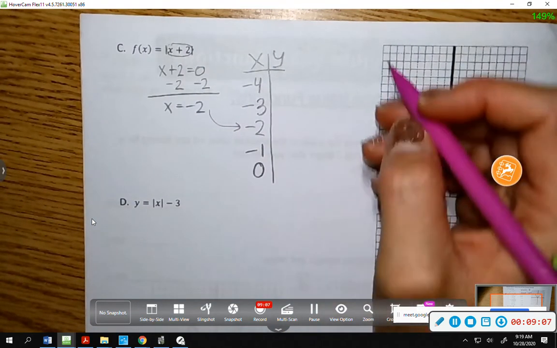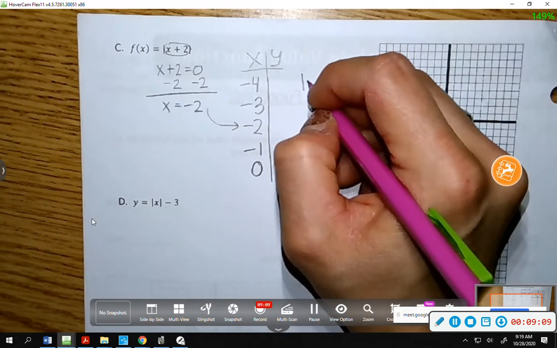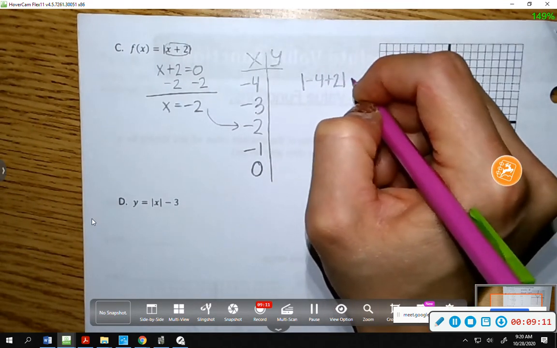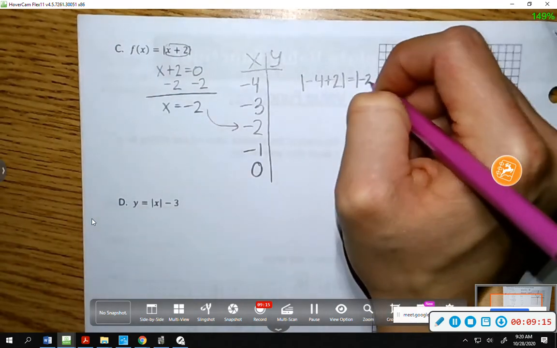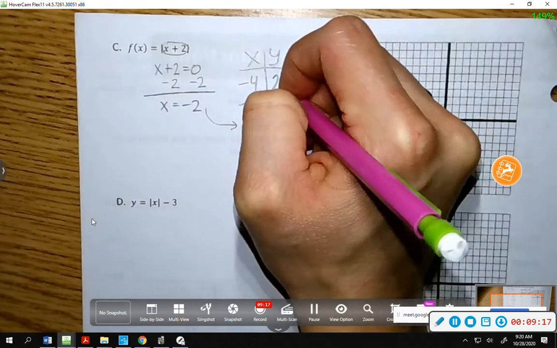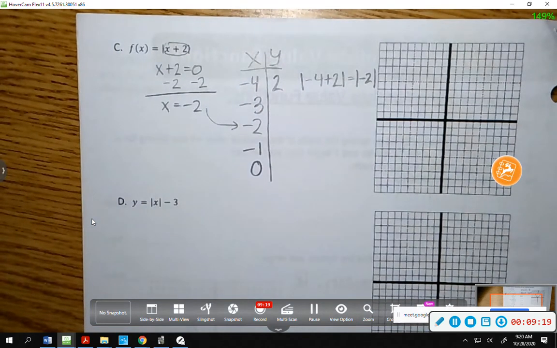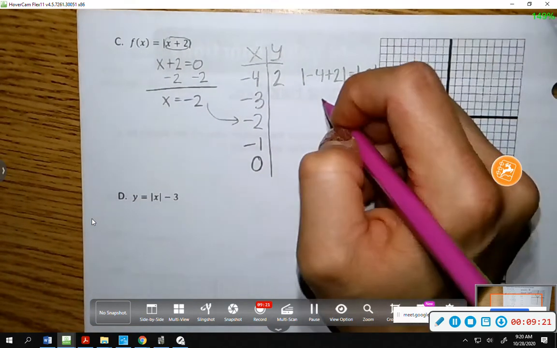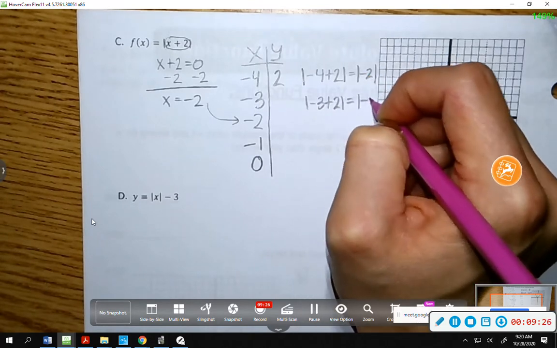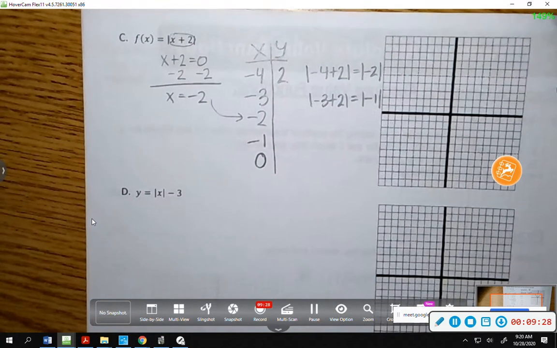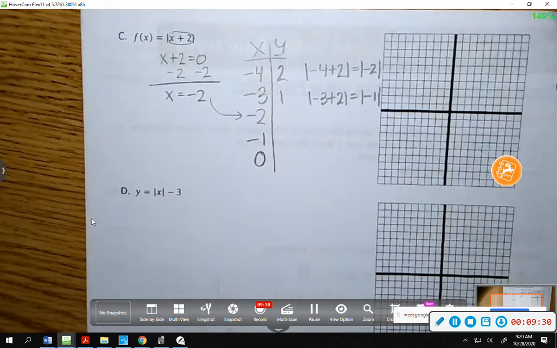And now let's plug those in. So the absolute value of -4 plus 2, okay, order of operations, well, -4 plus 2 is -2, and the absolute value of -2 is +2. All right, -3 plus 2 is -1, and then we want to take the absolute value of -1 to get +1.